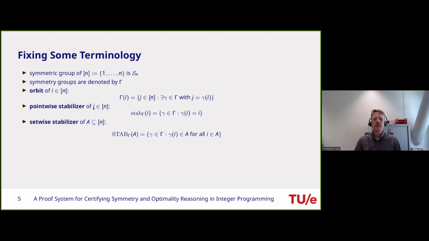Given a single variable i, the pointwise stabilizer with respect to this group gamma is given by all the permutations that do not move the i-th element, and the setwise stabilizer for a set A is defined similarly. Now I want the images of elements from the set A to also be mapped to elements within the set A. The name stabilizer just means that these elements or sets remain invariant under this subgroup, the stabilizer subgroup.